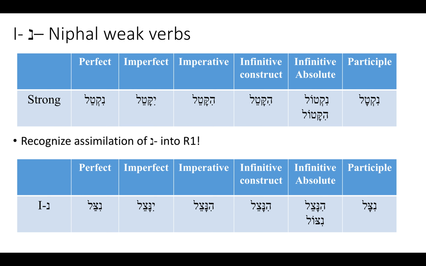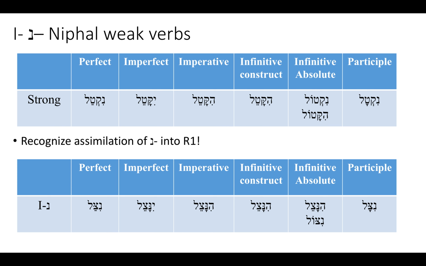The difficulty is when you come across a form like nitzal and you're trying to identify the root and also the stem. You have to keep in mind that if it's the first nun Niphal, then the nun of the stem has assimilated into the tzadi. If you notice, the tzadi there has a dagesh, so that's identifying the presence of an assimilated nun there.